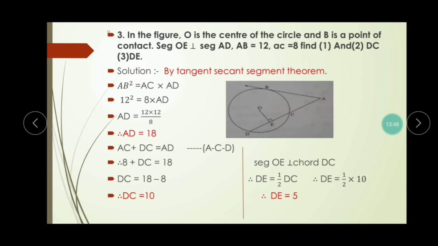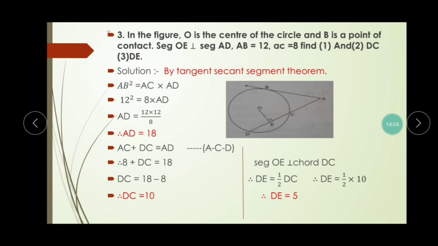We are going to use the tangent secant segment theorem. So we get the equation AB square is equal to AC into AD. From here we are going to get the length of AD.